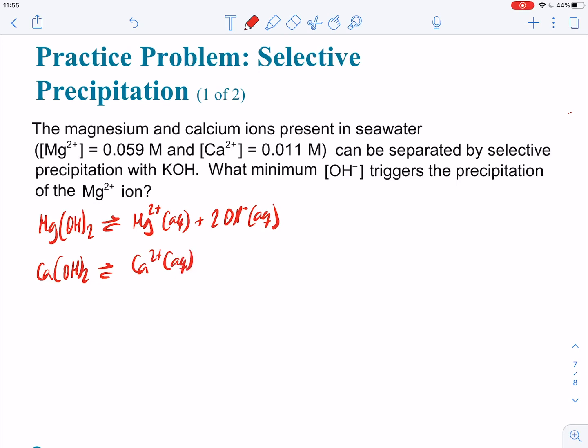Of course those two hydroxides are insoluble solids, and the stoichiometry is the same, so we can compare the KSPs directly.